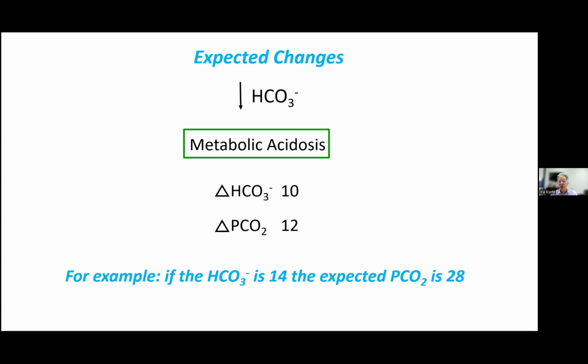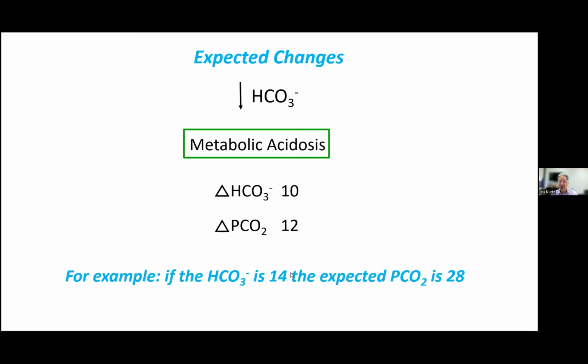It cannot be acute or chronic respiratory alkalosis. So, for example, if the bicarbonate is 14, which means it dropped by 10, the PCO2 should be 28, assuming it started at 40. So we're making some assumptions here that the bicarbonate started at 24 and the PCO2 started at 40. We don't know that with certitude.